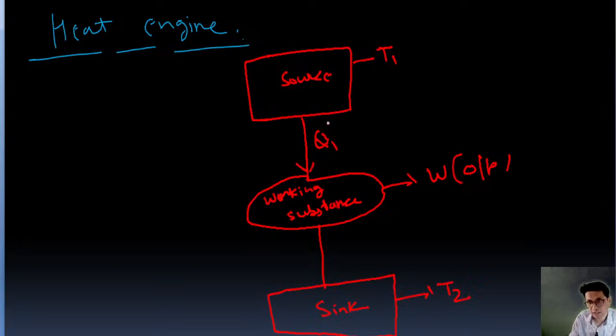We have extracted Q1 heat from the source, W work is done, and the remaining heat, that is Q2, goes to the sink. Q1 heat we have taken from the source, and W is used for work done. The remaining Q2 heat goes to the sink.